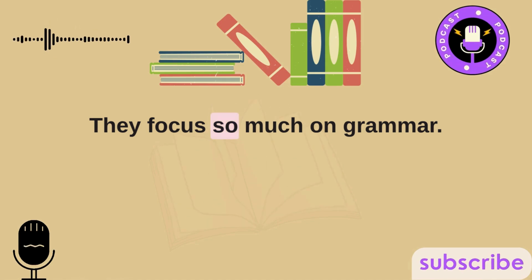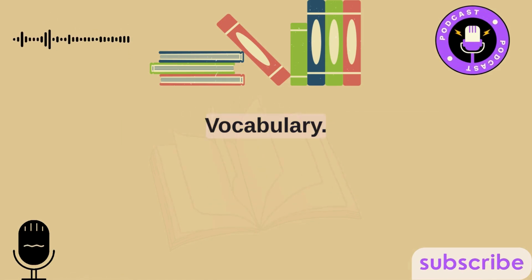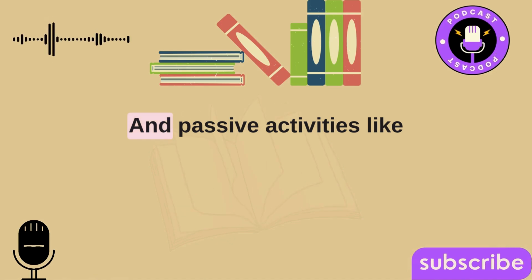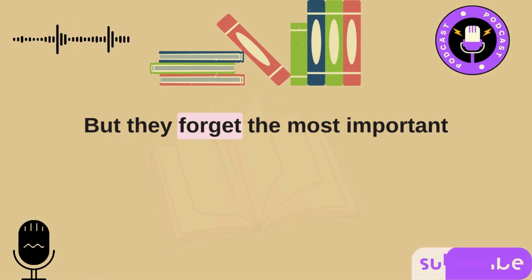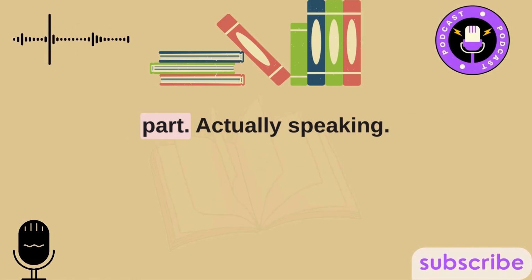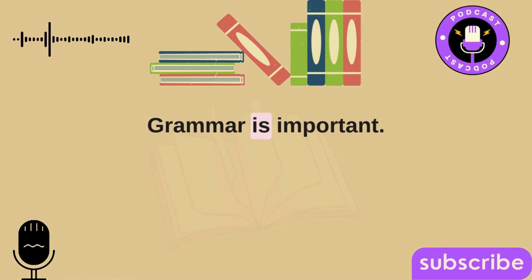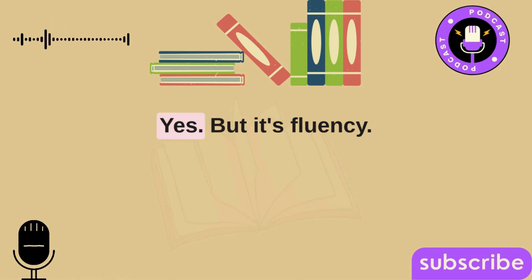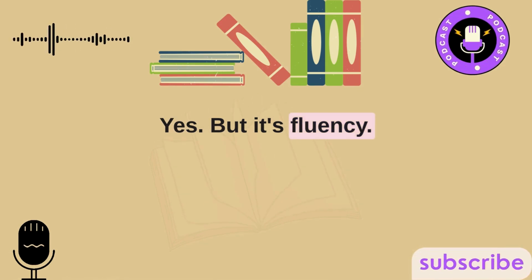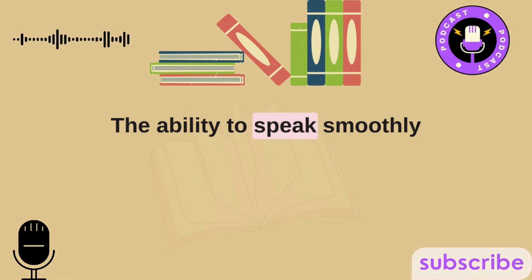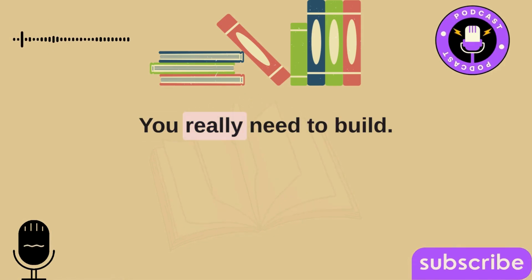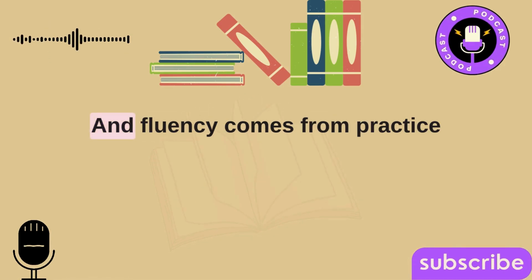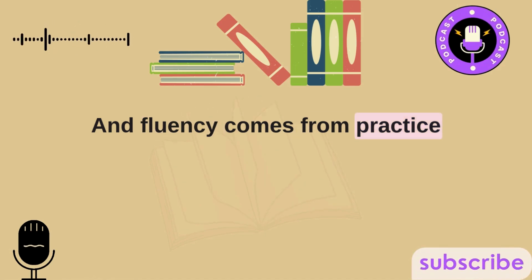They focus so much on grammar, vocabulary, and passive activities like listening, but they forget the most important part, actually speaking. Grammar is important, yes, but it's fluency, the ability to speak smoothly and naturally, that you really need to build, and fluency comes from practice.